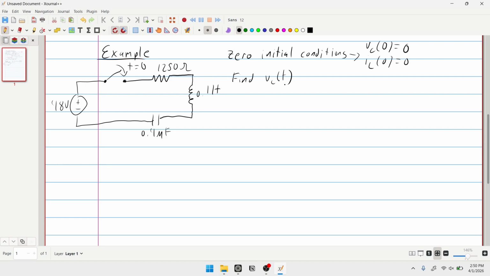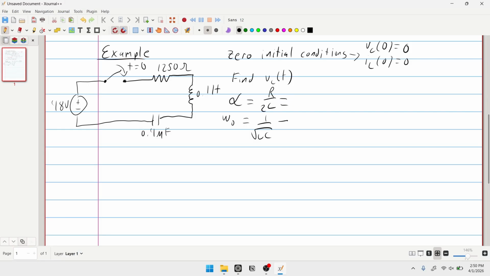Let's start by analyzing our parameters, our alpha and our omega naught. As we saw in our governing equation, alpha is R over 2L, and omega naught is 1 over the square root of LC.